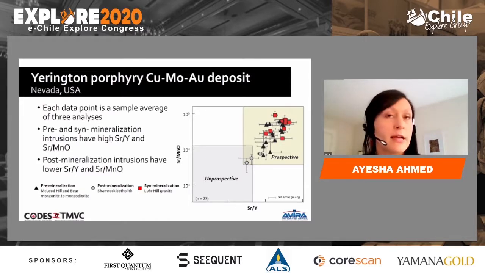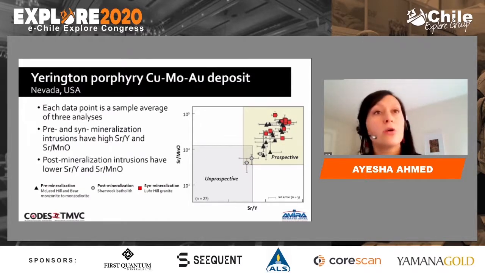Conversely, the post-mineralization intrusions have lower strontium over yttrium and strontium over manganese, and these intrusions are related to a different batholith, likely tapping a different midcrustal reservoir.